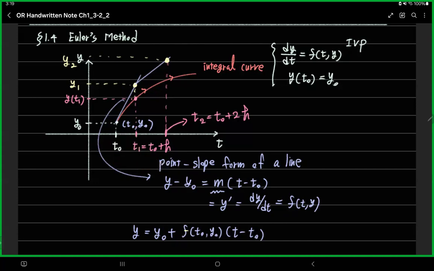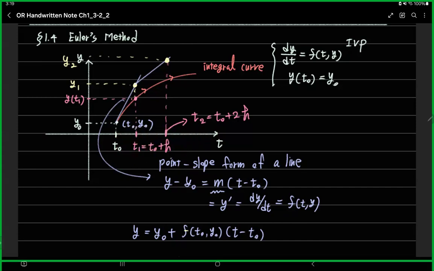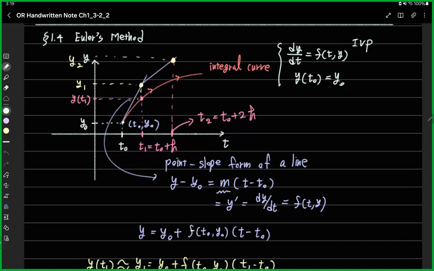And t2, t3 is kind of discretizing the time interval into many sub-intervals. So this is the first sub-interval. This is the second sub-interval. This is the third sub-interval. So maybe here is t3.